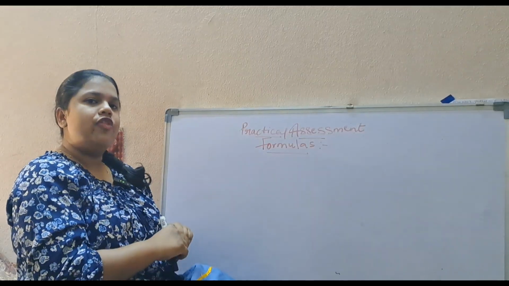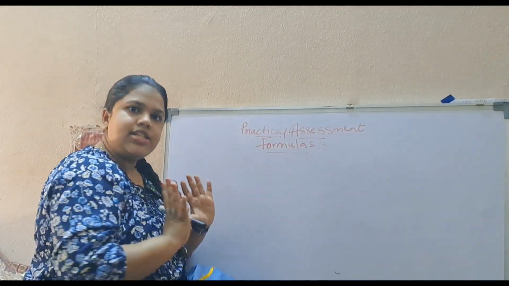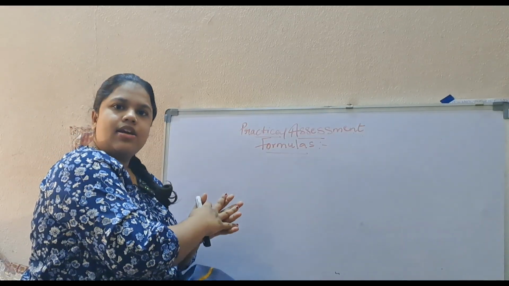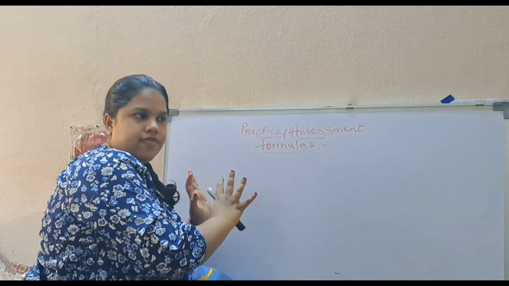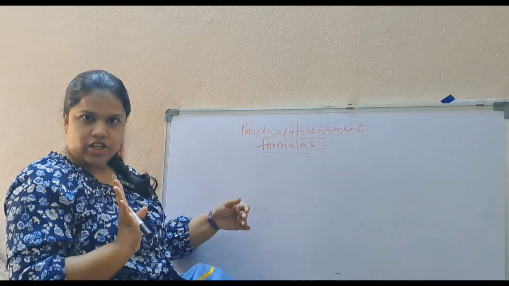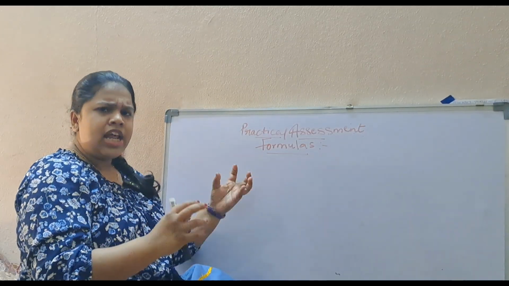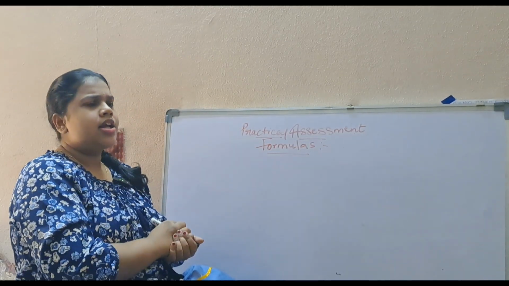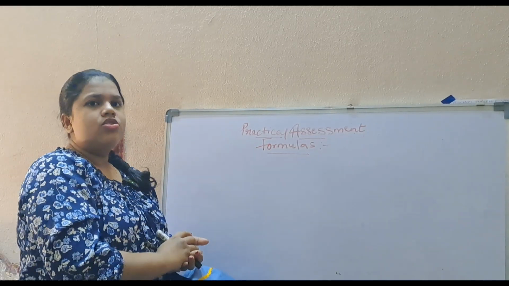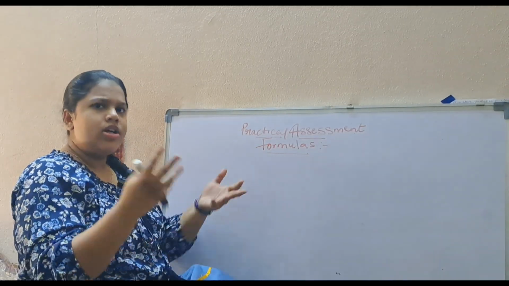I am only giving you the formulas in this session. Afterwards we'll take those formulas and do the case studies in upcoming videos. For example, if we take a case study of obesity, first we have to know what obesity is.